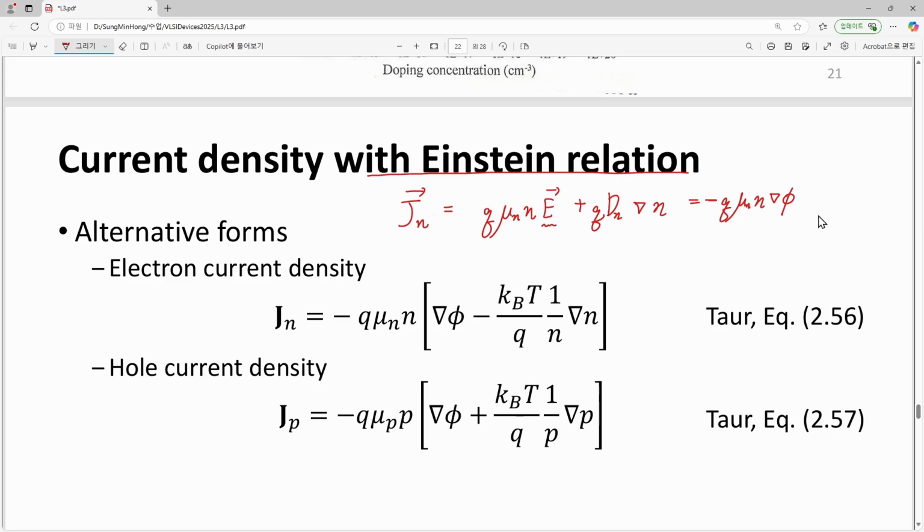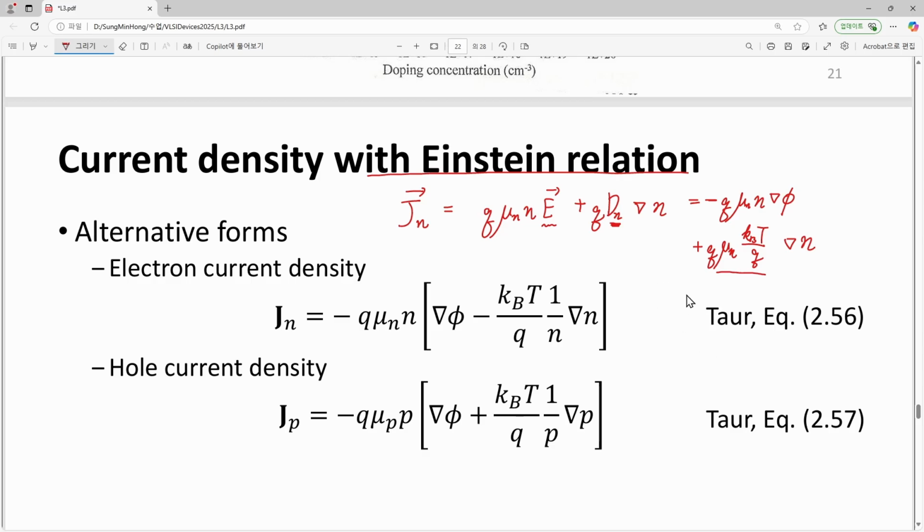This is the drift term, and now we know that D_n is corresponding to the mobility multiplied by the thermal voltage. This is D_n, and now we have the gradient of n.